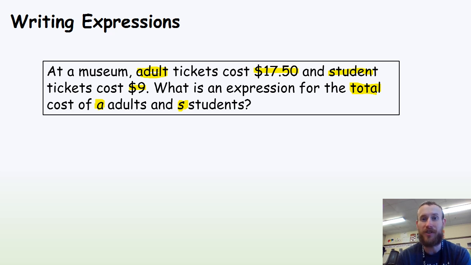If you have 5 students, you're going to have to multiply 5 times 9. We don't know the number of adults or students, so that's where the variables come in, but we're still going to show multiplication using coefficients. And also this idea of total, that's going to be a sum, that's going to be addition. So let's see what this expression is going to look like after we've done our translating.